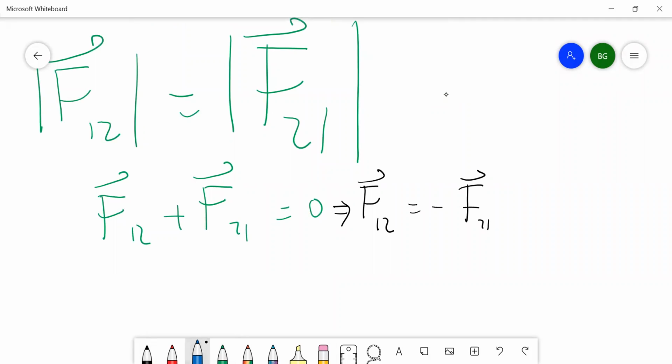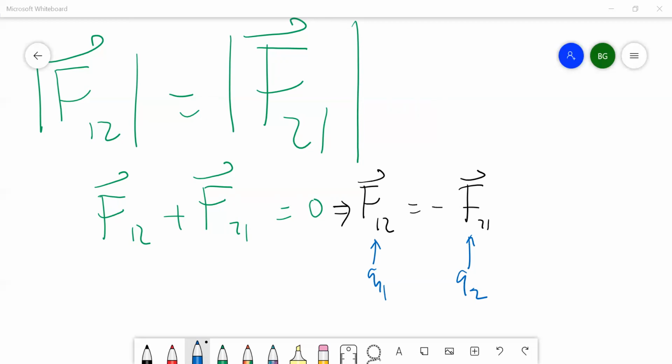This force acts on Q1 and this force acts on Q2, on different charges.